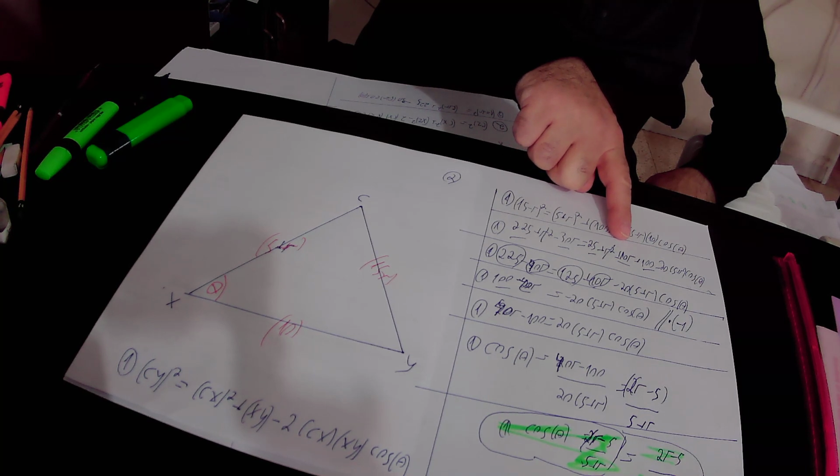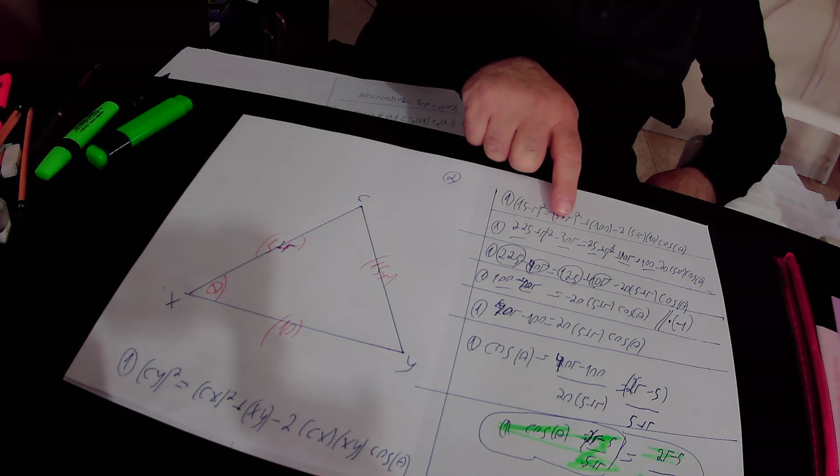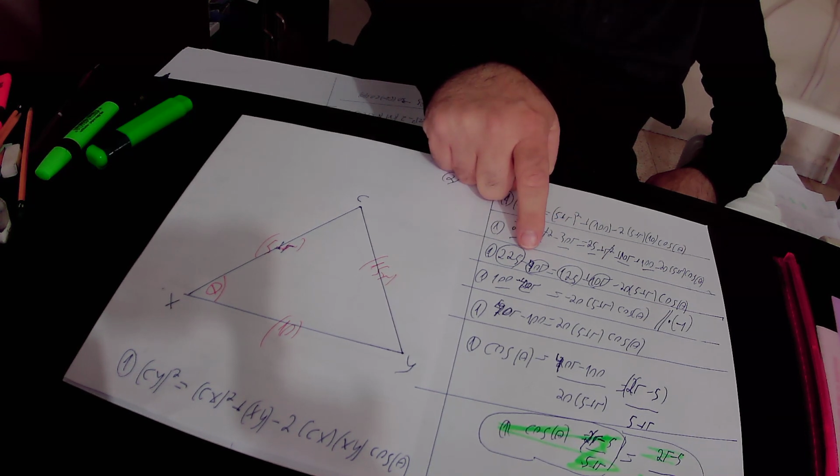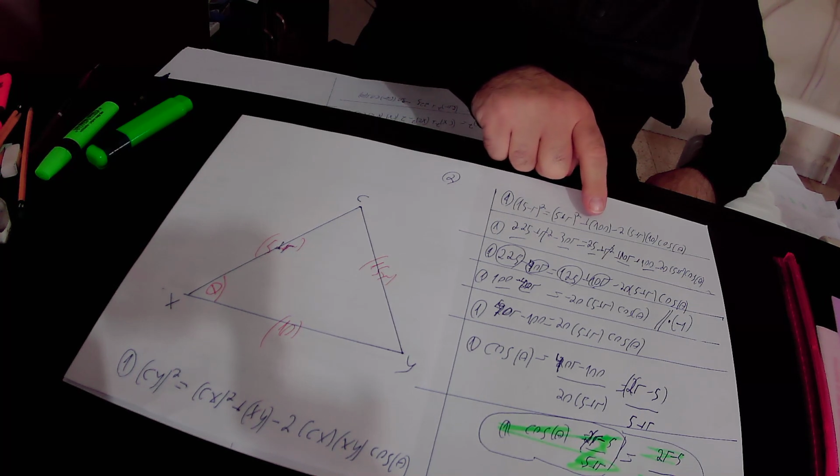We subtracted 10r from this side, and we got that minus 30r minus 10r is minus 40r, and it equals 25 plus 100, which is 125.